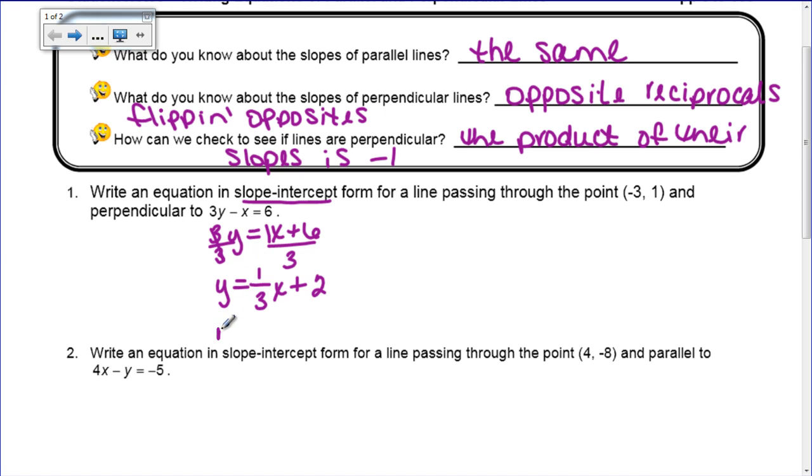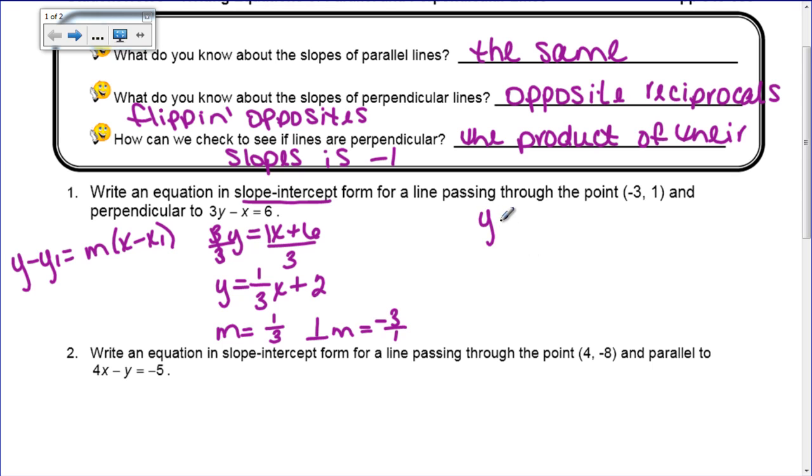So my slope for this line is 1/3, which means a perpendicular slope will be, flip it over, change the sign, so it'll be -3. So I'm going to have to use a slope of -3 and this point. So I'm going to go back to point slope form, which is this equation, y minus y1 equals m times x minus x1. We're going to need to use that formula in order to write our equation.